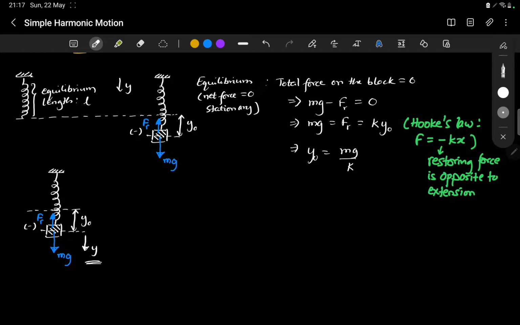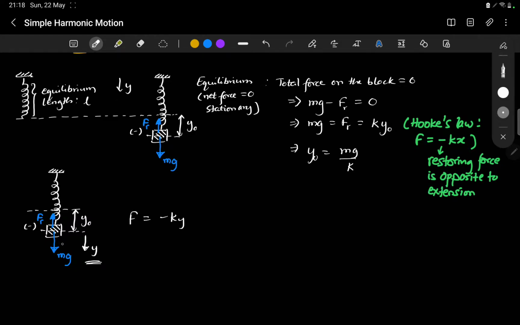So let us now look at the forces. So Fr and mg were counterbalancing each other. So this new displacement y is going to cause the restoring force. So from this y we have the net force acting on the block is minus k times y, again coming from Hooke's law.